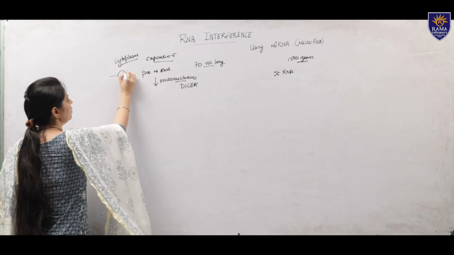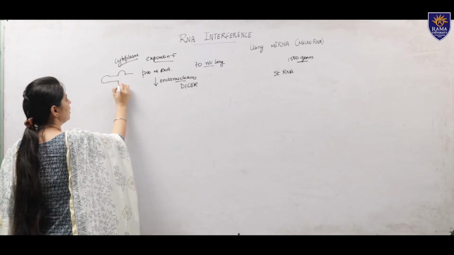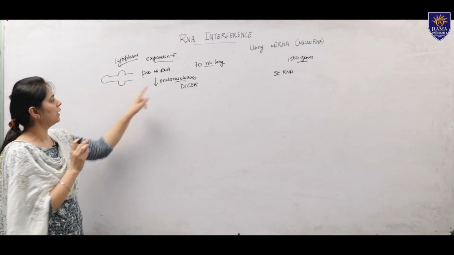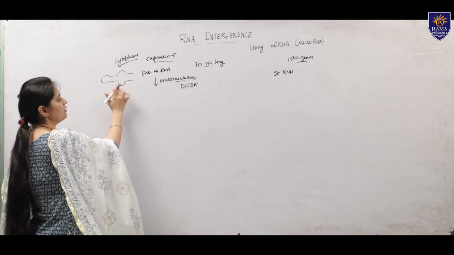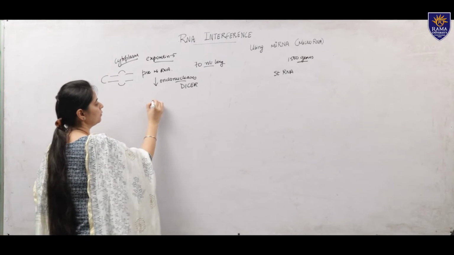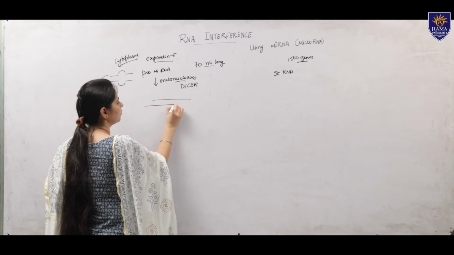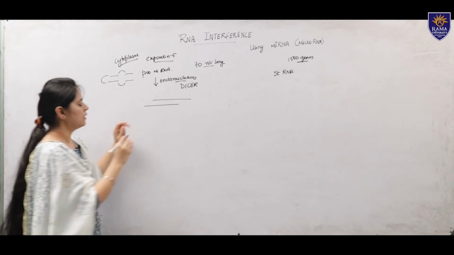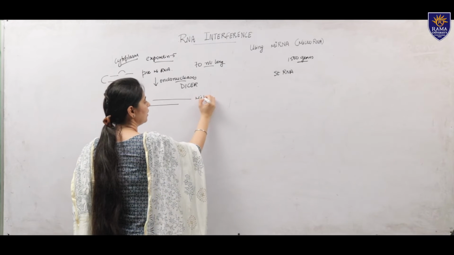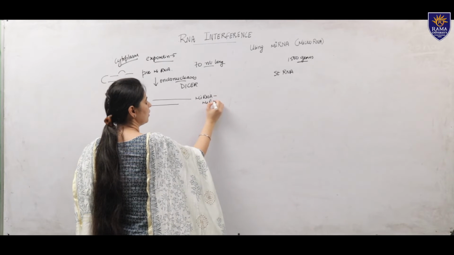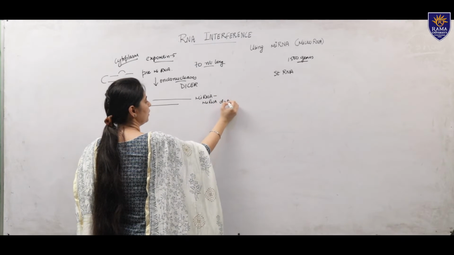So, the structure was this, the imperfect hairpin loop. Now, when it is acted upon by the endonucleases, it cuts and forms the miRNA duplex.